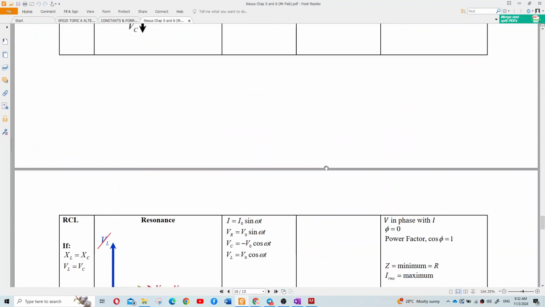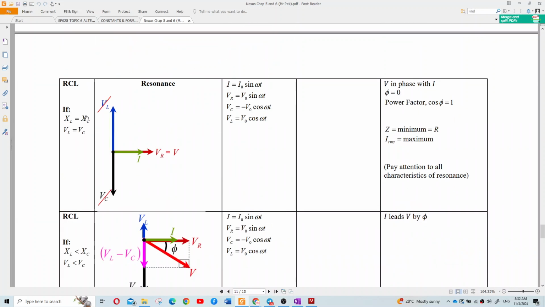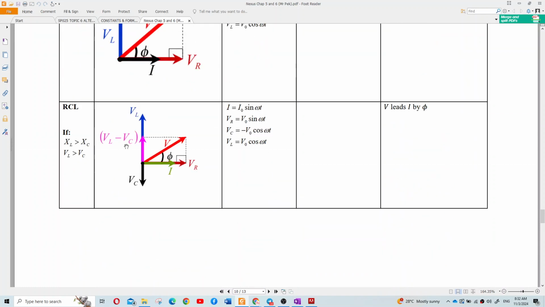So okay, look at here. RCL has three conditions: either XL bigger than XC, or XL equal to XC, or XL less than XC. Understand? So you look at the difference.